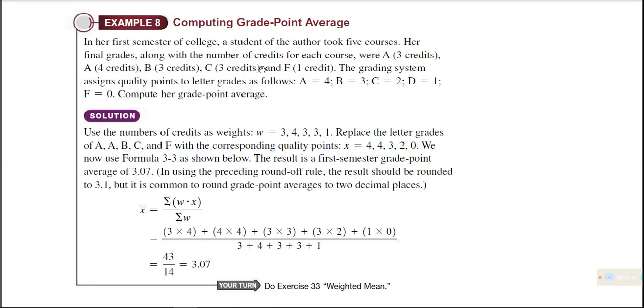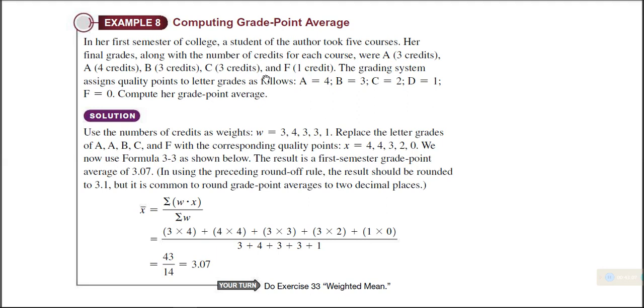In her first semester of college, a student of the author took 5 courses. Her final grades along with the number of credits for each course were A, 3 credits. A, 4 credits. B, 3 credits. C, 3 credits. And F, 1 credit.